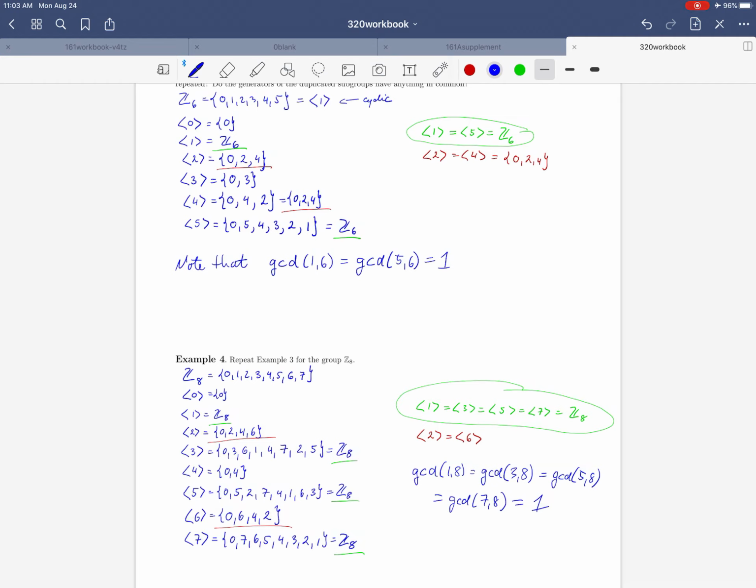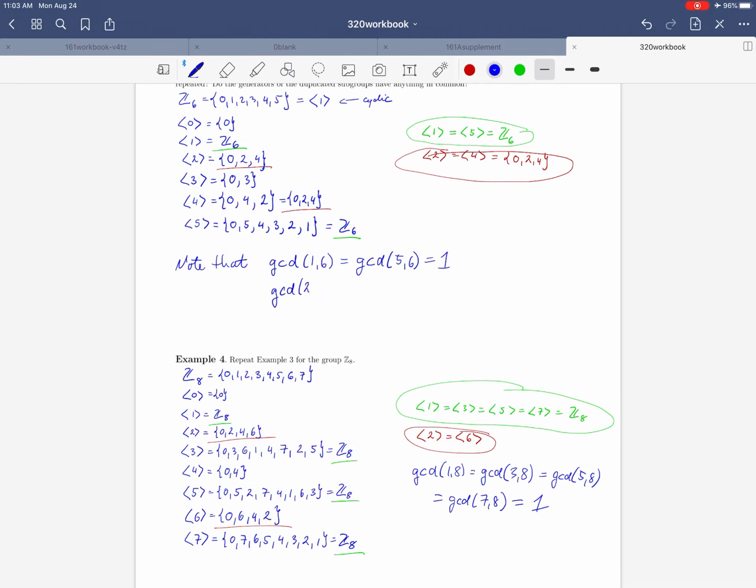And then, is there something similar maybe that we can observe when we are looking at the elements that generate the same subgroups? So 2 and 4 have the same greatest common divisor with 6 when we mod out by 6. And 2 and 6 have the same greatest common divisor with 8. So we can write that down too as something to notice.